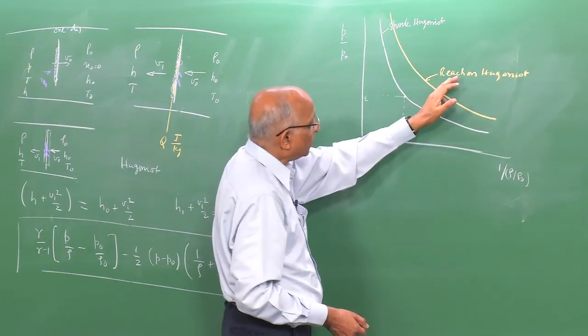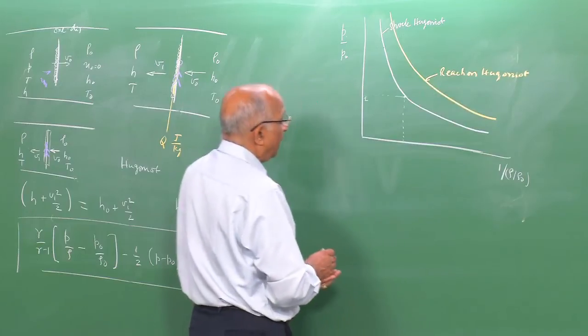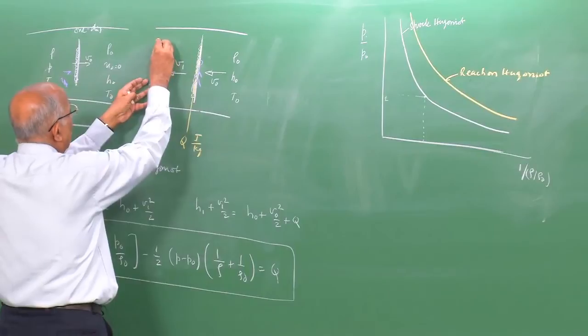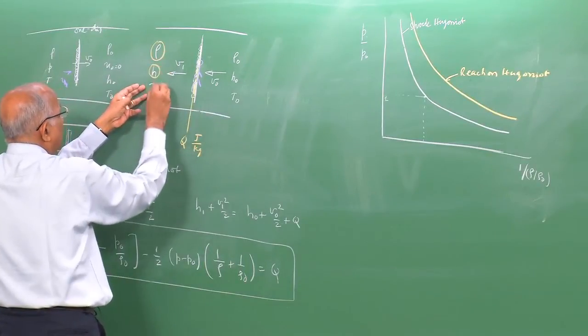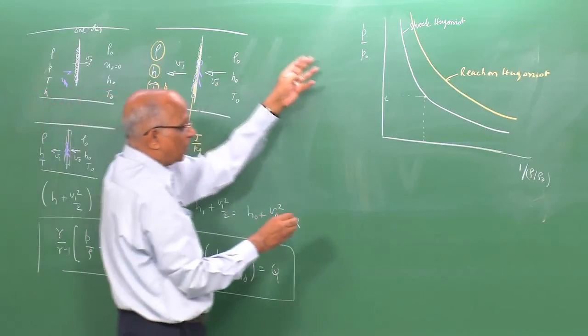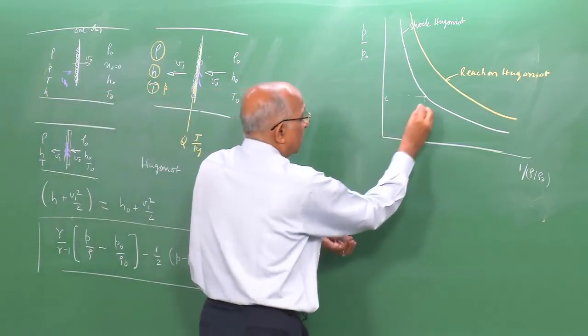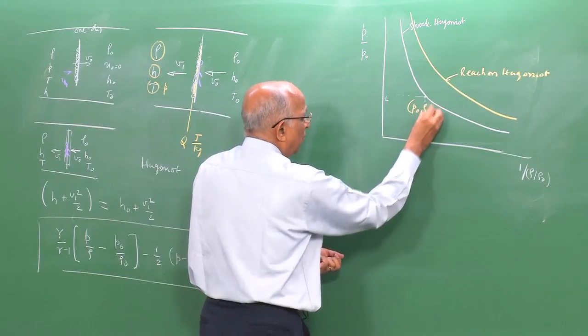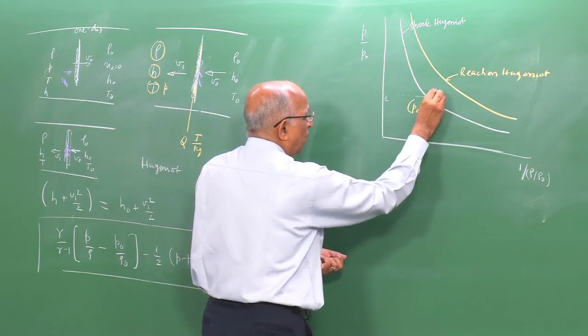Now, what does the reaction Hugoniot give? It gives states which are behind the wave. That means it tells what the density, enthalpy, temperature and pressure are behind the wave as a function of the initial condition. That is, the initial condition is P0 and rho0, which corresponds to the point 1 by 1.